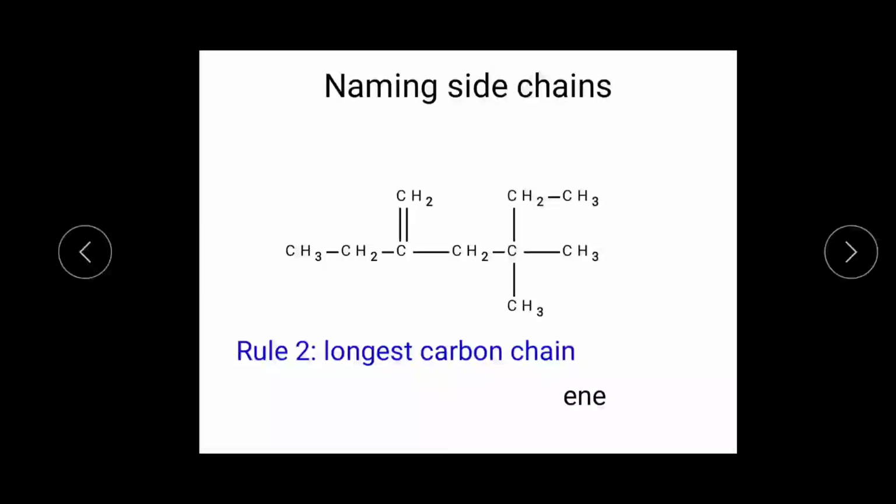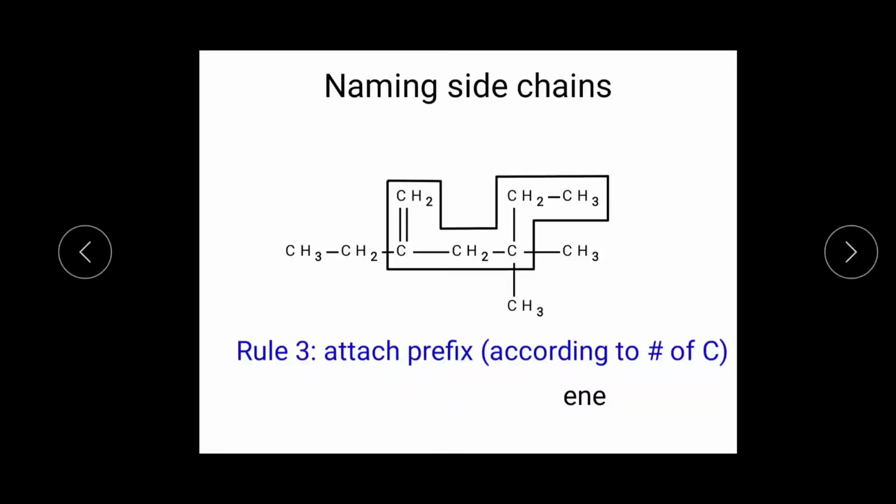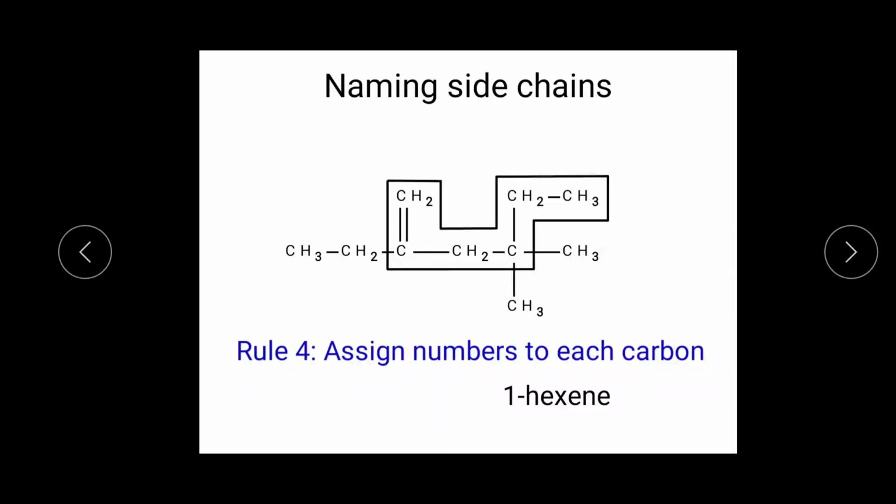Rule number 2, longest chain, this one. Then next, rule number 3, attach the prefix according to the number of carbons. That is 1-hexene. 1, simply because the double bond begins on the first carbon. Next, rule number 4, assign numbers to each carbon. This is carbon 1, 2, 3, 4, 5, and 6.